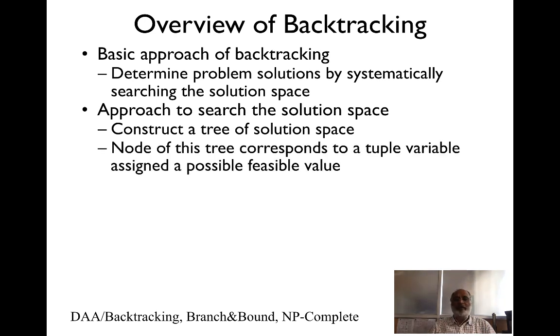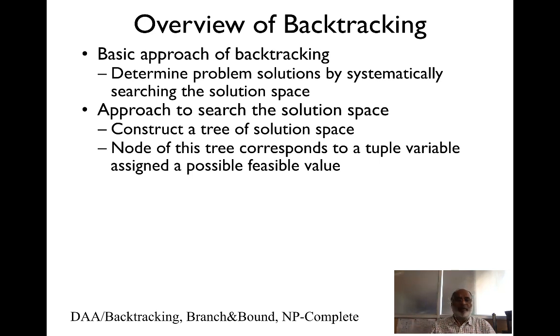If you look at this tree, remember, when we looked at our solution space for the 8 queens problem, we defined that a solution corresponds to an 8-tuple. When we looked at the sum of subset problem, we defined a tuple having 4 variables. So essentially, in the tree, each edge corresponds to one tuple variable.